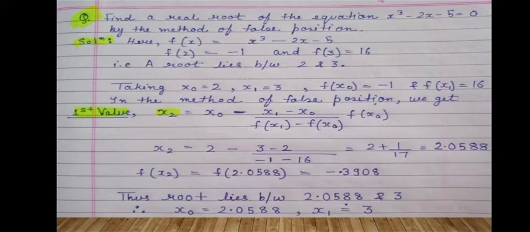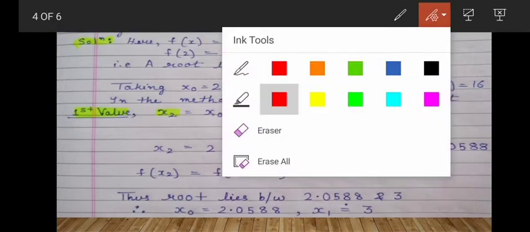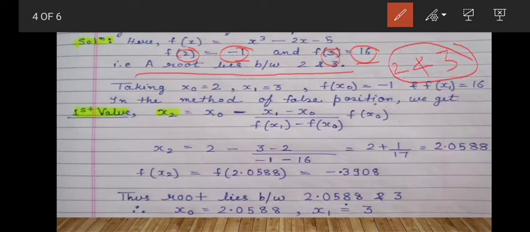This is an algebraic equation, and first we have to find 2 points for which one is negative and one is positive. At 2 it is negative and at 3 it is positive. So the root will lie between 2 and 3, because at one point it is negative and at the other it is positive. I have discussed this in the bisection method.